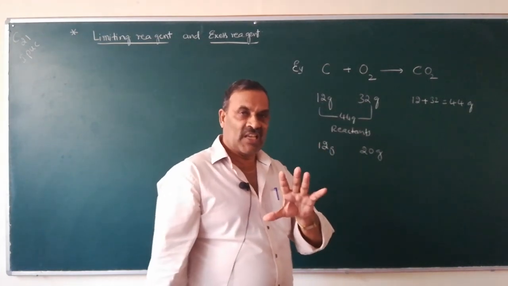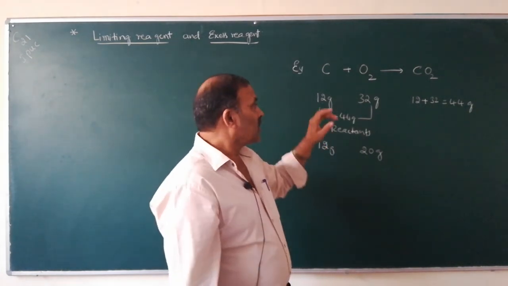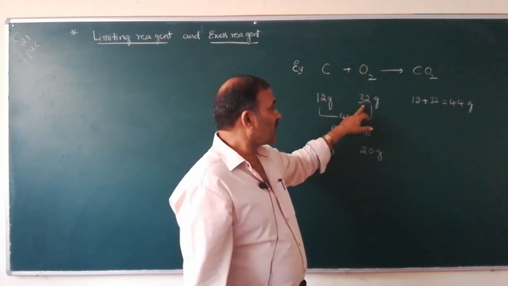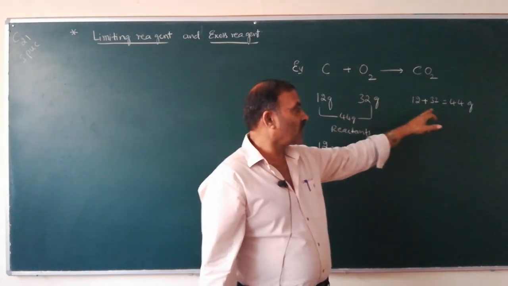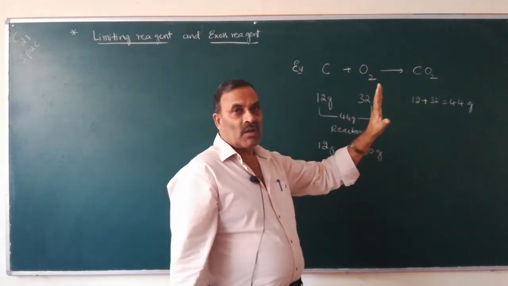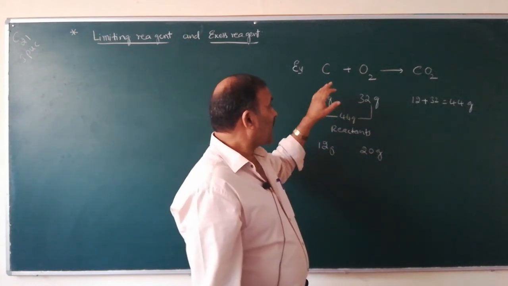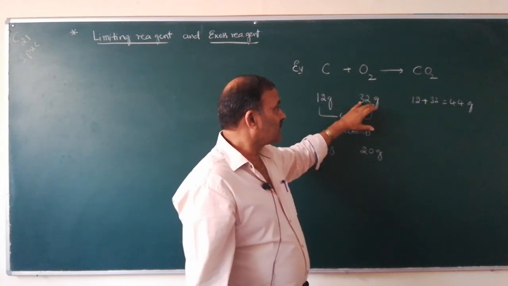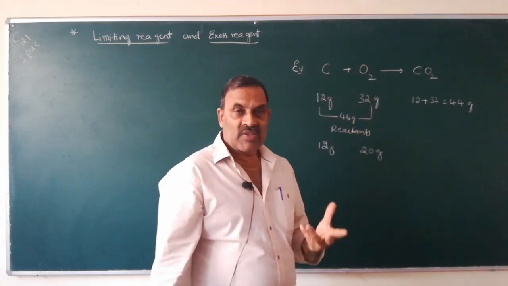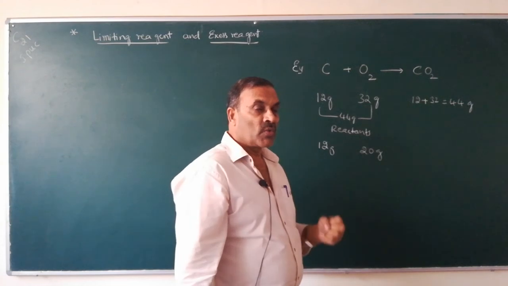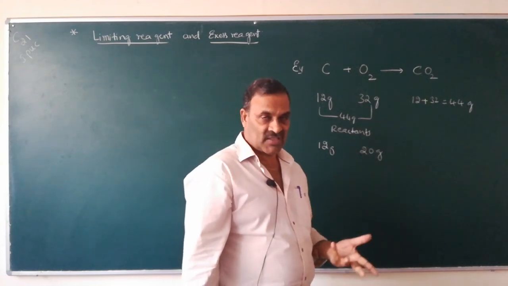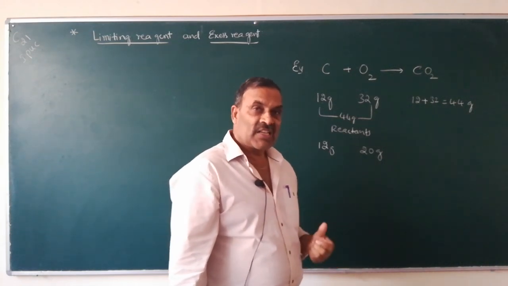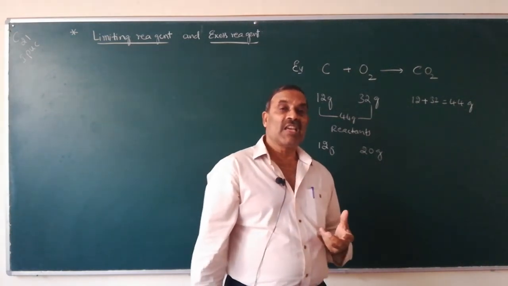Theoretically, 12 gram of carbon is required to react with 32 gram of oxygen to form 44 gram of carbon dioxide. If either the mass of carbon is less or the mass of oxygen is less, the reactant present in lesser amount will be consumed completely, and such a reactant is called a limiting reagent.